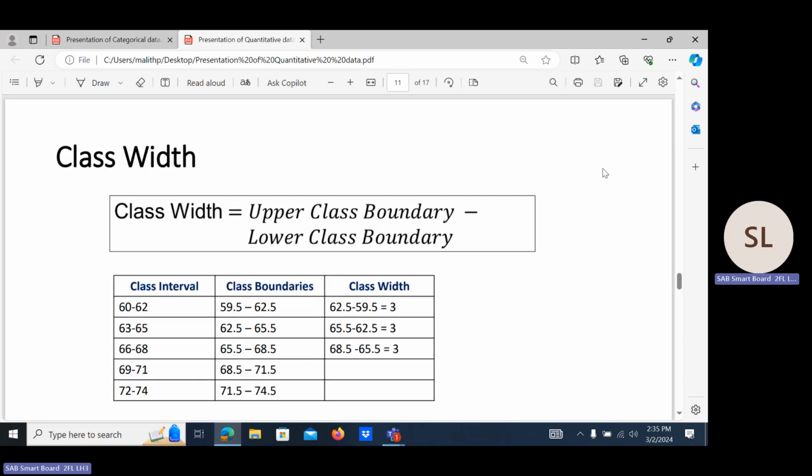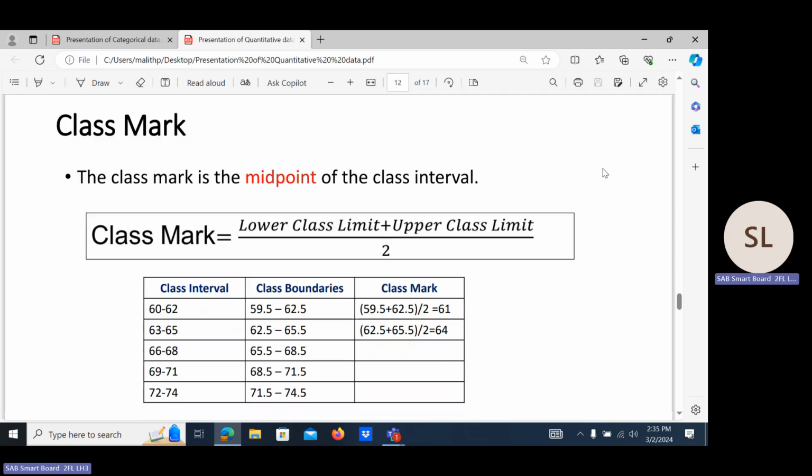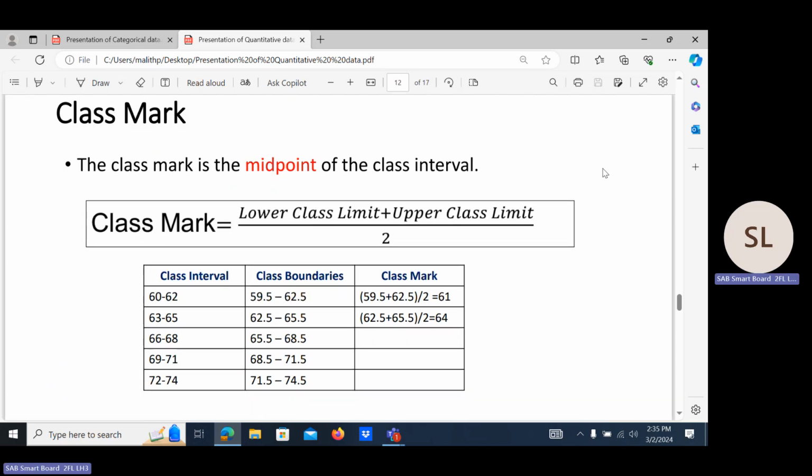The class width means the size of the class interval. Take the difference between two class boundaries, the upper class boundary minus the lower class boundary. That represents the width of a class. The class mark is the midpoint of the class interval.